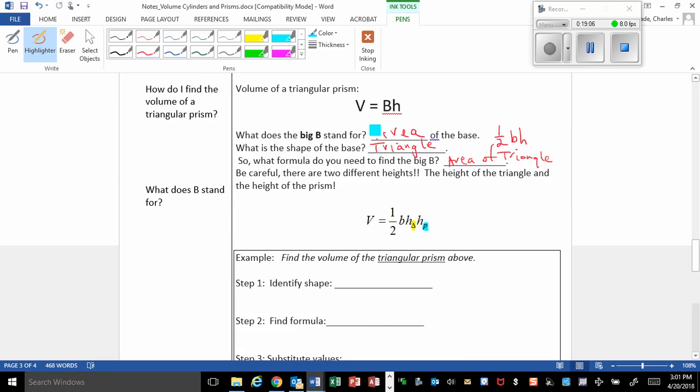Okay, and then we have this, okay, is big B. All right, so in other words, area of triangular base. Okay, now identify the shape. We already did that. It's a triangular prism.